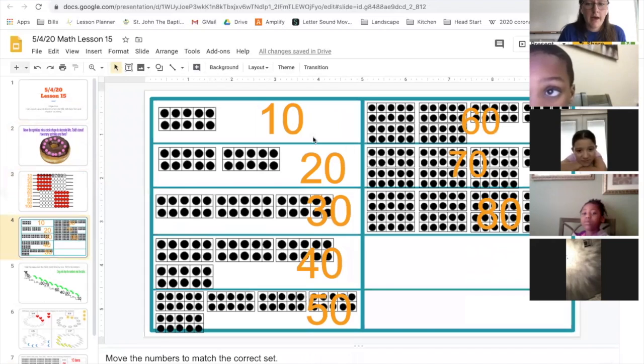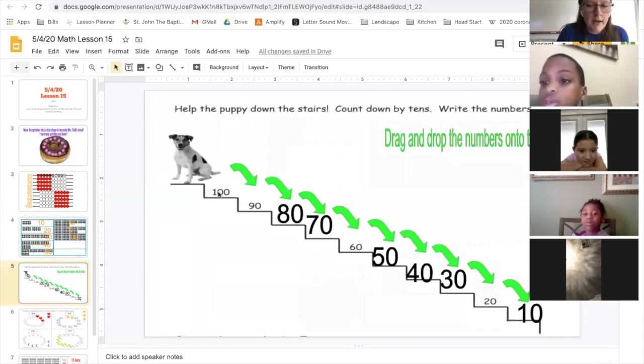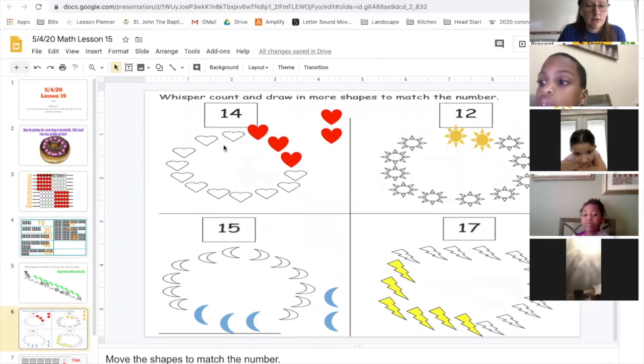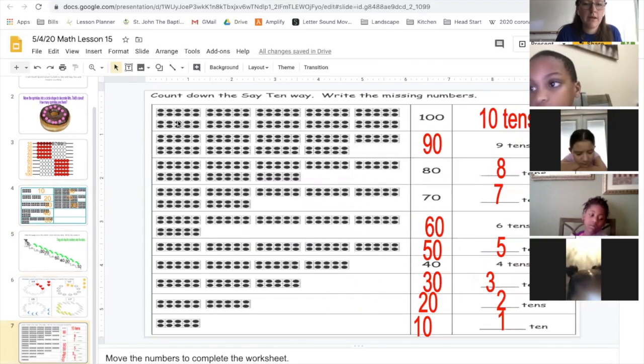Then we counted the 10 frames here and moved the pictures to match the numbers. And then we helped the puppy get down the stairs by counting backwards from 100 all the way to 10. Then we counted pictures in a circle and added more to get to our whole number. And last, we counted down the 10 way. We counted 10 frames and matched the numbers and words to the pictures.